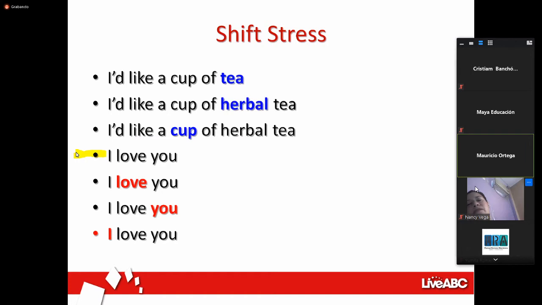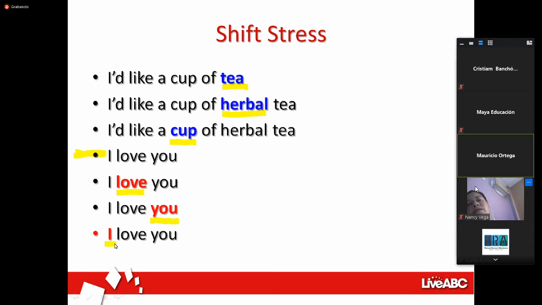So, teachers, we can change the meaning with English. All we have to do, teachers, is pay a little bit of additional attention when we hear people speaking.